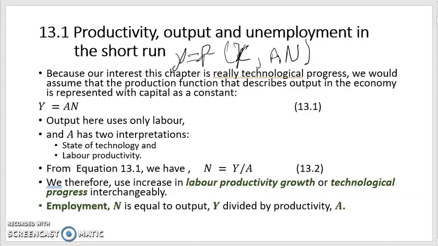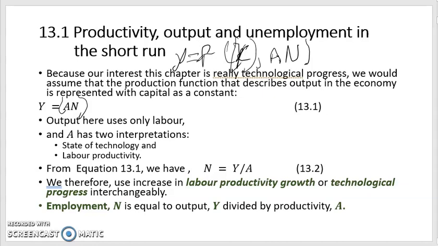Because our interest in this chapter is technological progress, we assume that the production function describing output in the economy is output being a function of effective labor. What matters for this issue is technological progress, not capital accumulation. Hence, we ignore the K here.